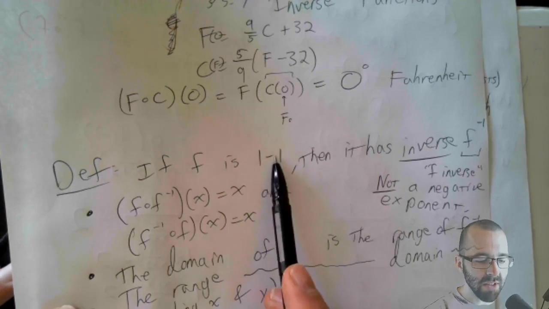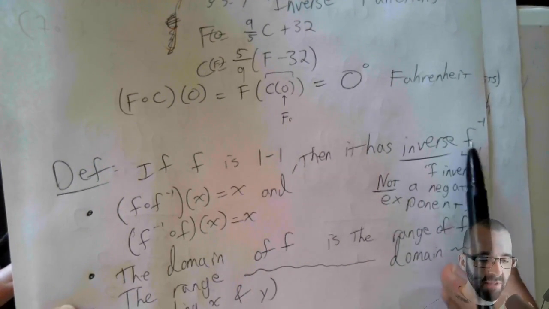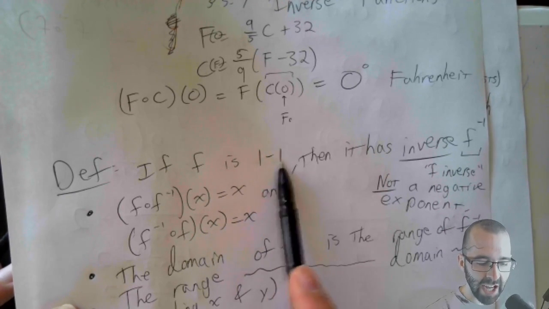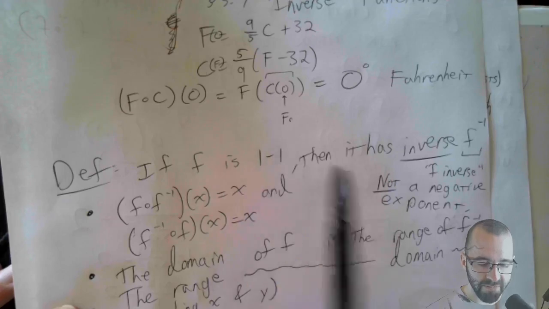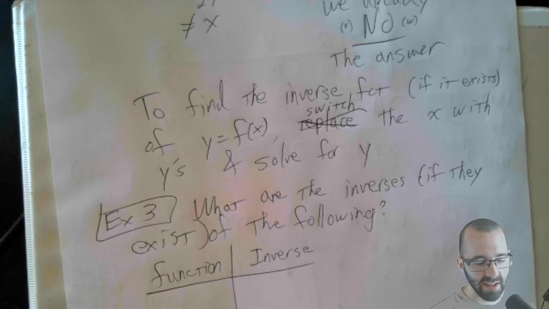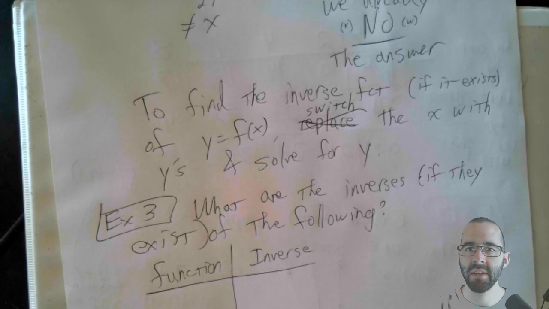If f is 1-to-1, then it has an inverse. So this is the big condition we need to check. Remember to check whether something's 1-to-1. Horizontal line test. All right. So let's start talking about all this, and we'll use some horizontal line tests, and we will see whether these functions have inverses.